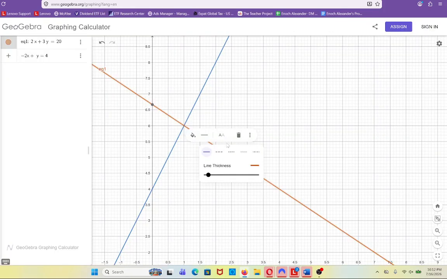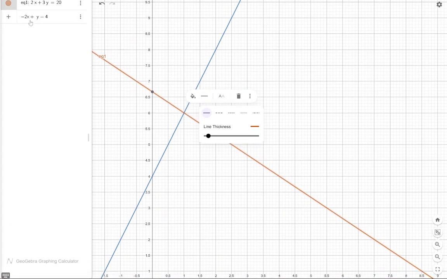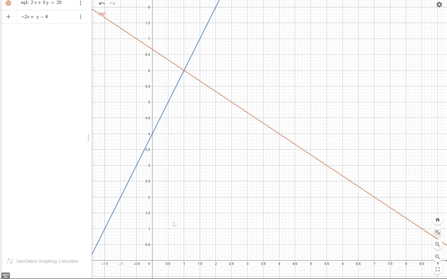So for those two equations, 2x plus 3y is equal to 20, and negative 2x plus y is equal to 4, these two lines cross at the point 1, 6. So over 1 to the right and up 6 is 1, 6.